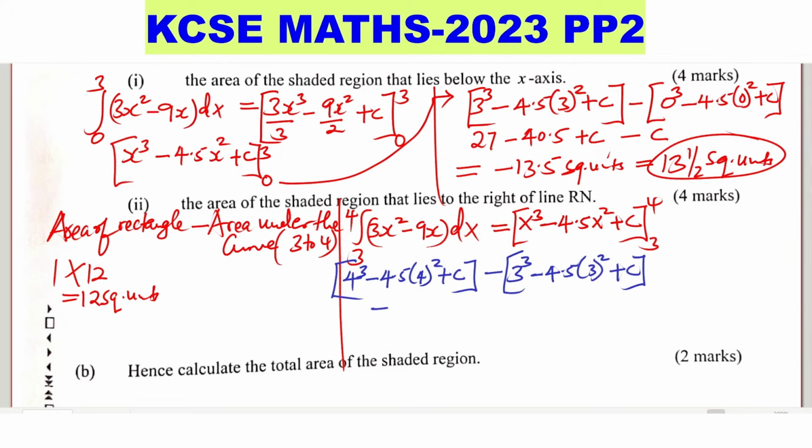That will give negative 8 plus c. Then 3 cubed minus 4.5 multiplied by 3 squared plus c will give 13.5 plus c. This will give negative 8 plus c minus 13. Let me do it up here.